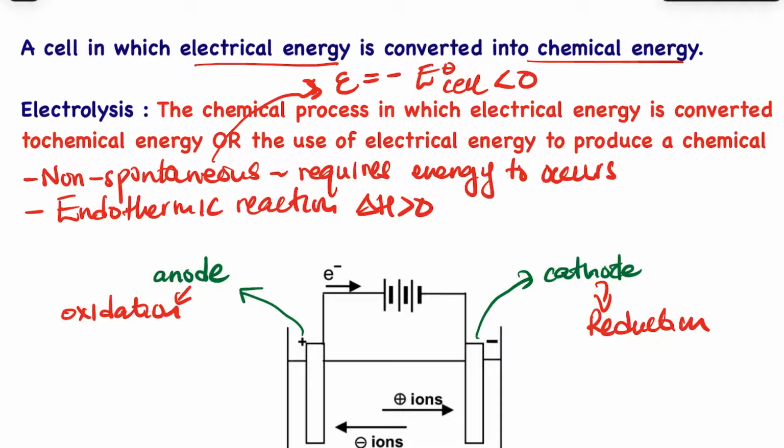It's very important information. Another thing is that the electrons are still the same, coming from the anode to the cathode. That means in the anode, oxidation takes place. It's still the same as the galvanic cell.